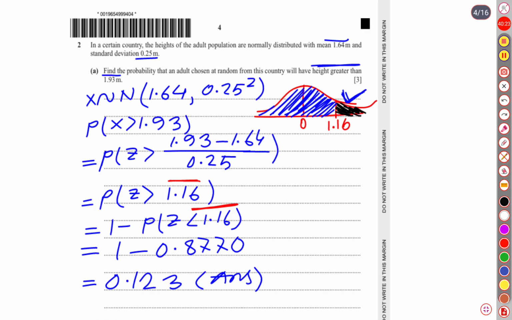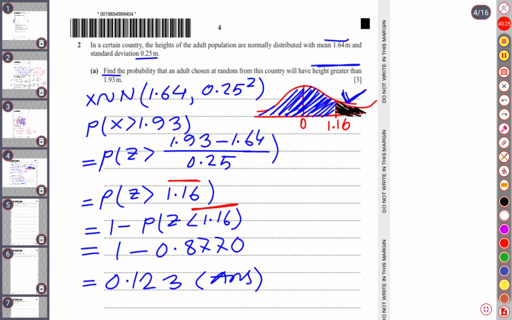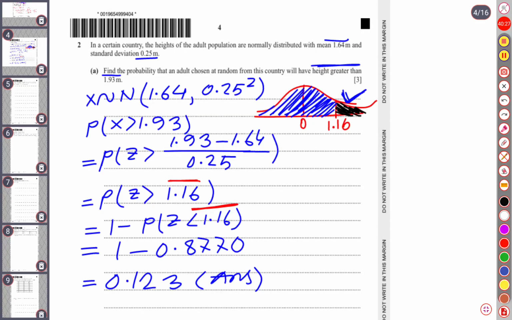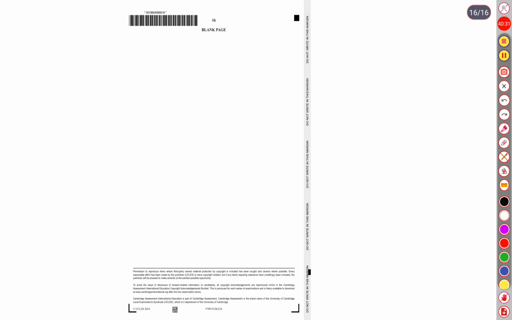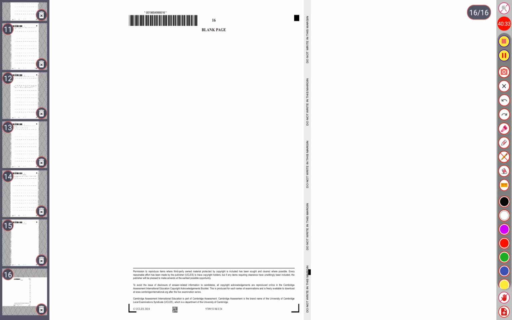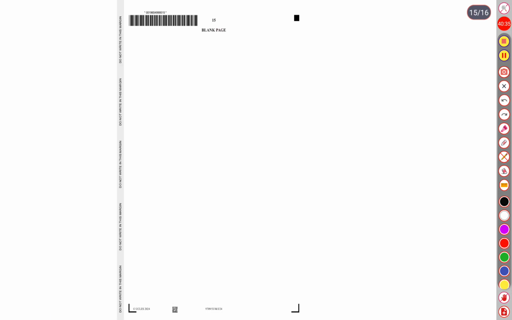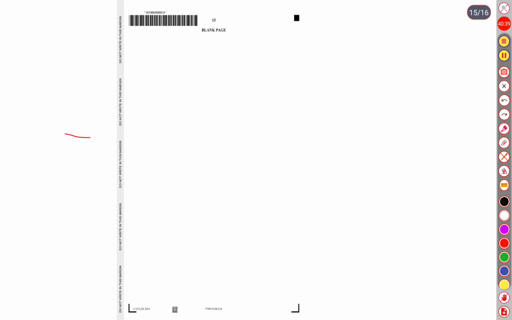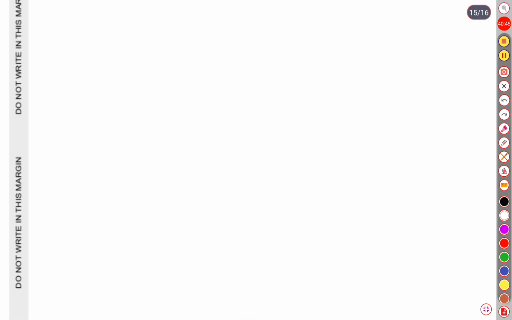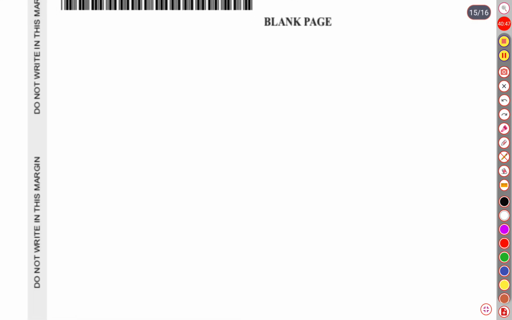So let us go to a new page, page number 15, and on this page we are going to show the probability for the corresponding z score.